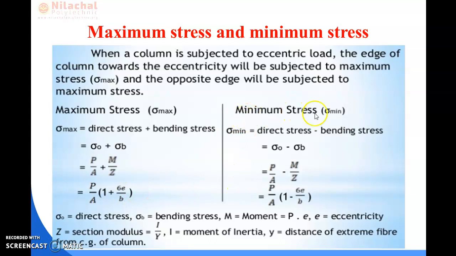Similarly, for the minimum stress value, sigma minimum is equal to direct stress minus bending stress, that is sigma 0 minus sigma b.